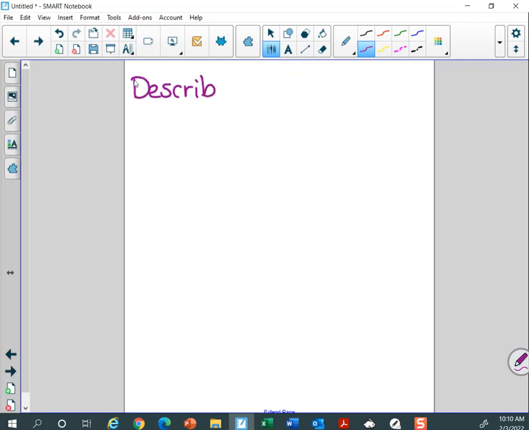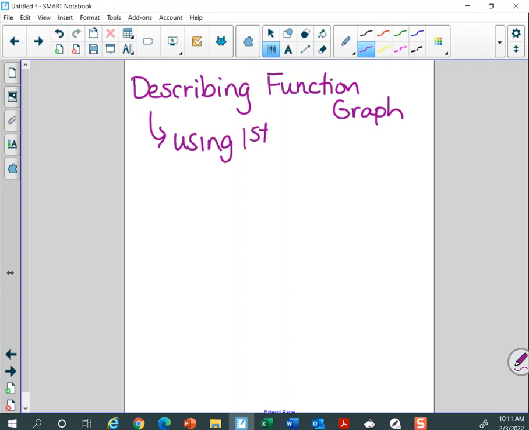What are we going to do? We are going to be describing a function graph, but we're going to be using the first derivative to help us do it.